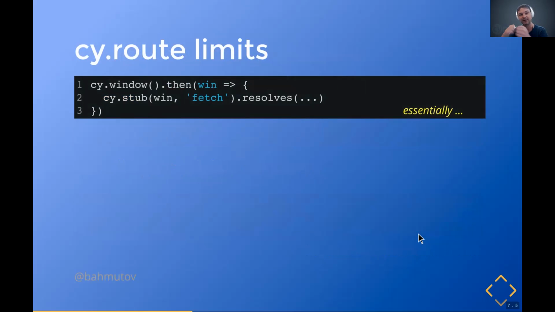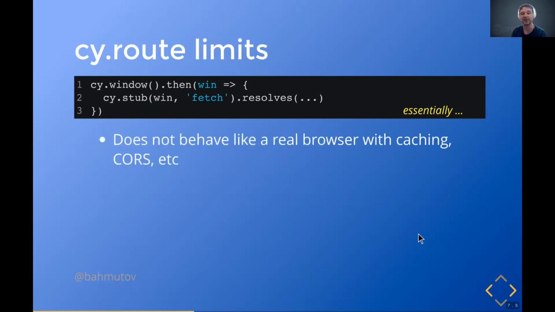Your application is using window.fetch, boom, it got a resolved promise with something back. It doesn't behave like a real browser at all. Like the caching mechanism, the CORS, the cross-origin security check, doesn't happen because it's not a real network request. It never went to the network layer. It was just done in code immediately.